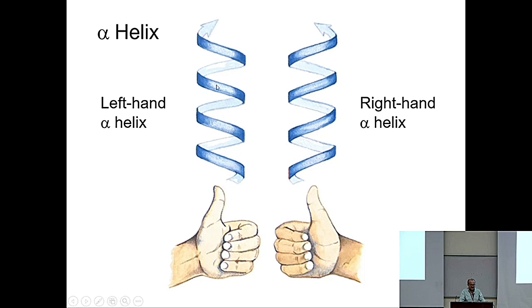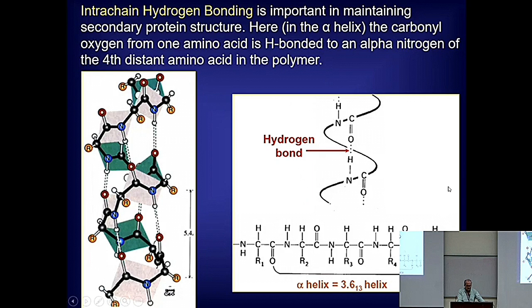You can have a left-handed helix, based on the direction of the polypeptide, in this case, or a right-handed helix going in the opposite direction. But this is the pattern, the helix, that is formed, okay? Those loops are repetitive and constant, okay?